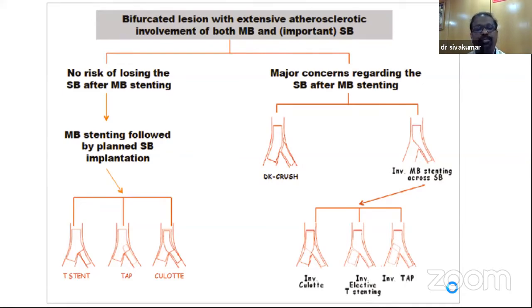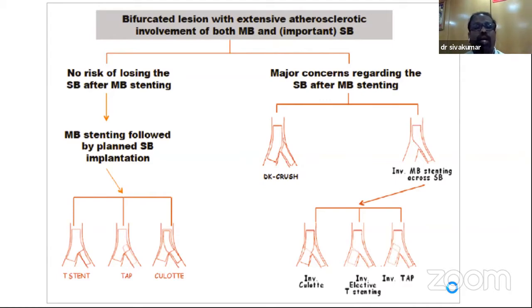Again, the problem with TAP stenting is you have to be very good at how much you protrude. Otherwise, you will protrude too much, creating a neocarina, and how this neocarina is going to behave on follow-up is a question. Is there an issue of stent thrombosis? As well, when you have to re-intervene for reasons of ISR, how these protruded struts are going to behave is all a question.